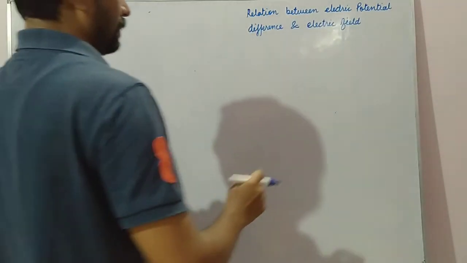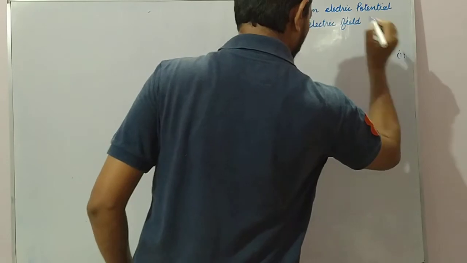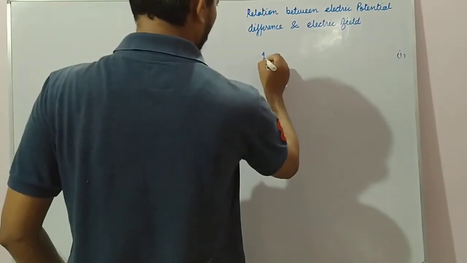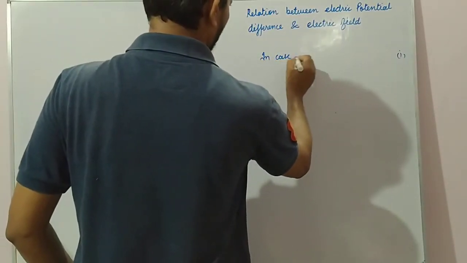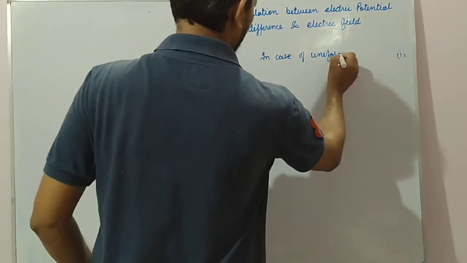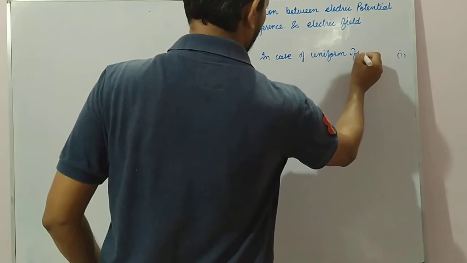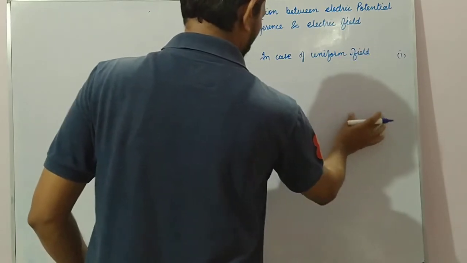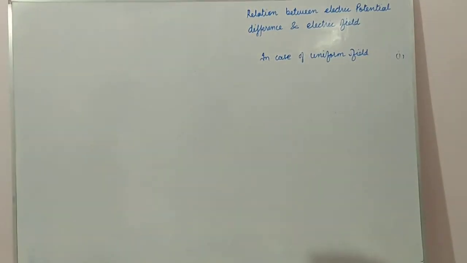First will come in case of uniform field. In case of uniform field means what? The electric field is almost constant.